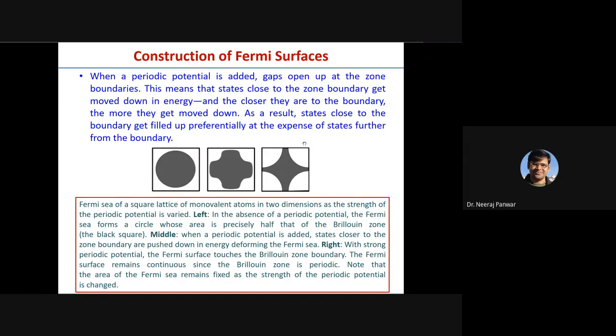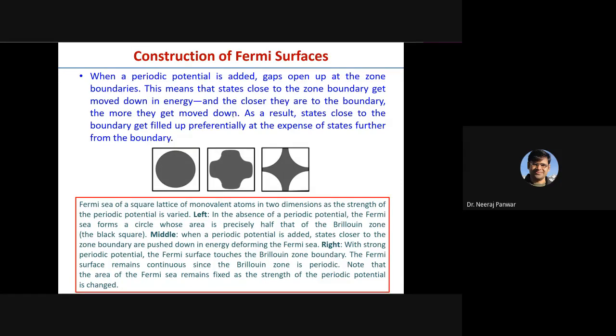Now we see what is going to happen when we have a Fermi sphere whose surface is lying close to the zone boundary. Whenever a periodic potential is added, we know gaps open up at the zone boundaries. This means that the states which are close to the zone boundary get moved down in energy, and the closer they are to the boundary, the more they get moved down.